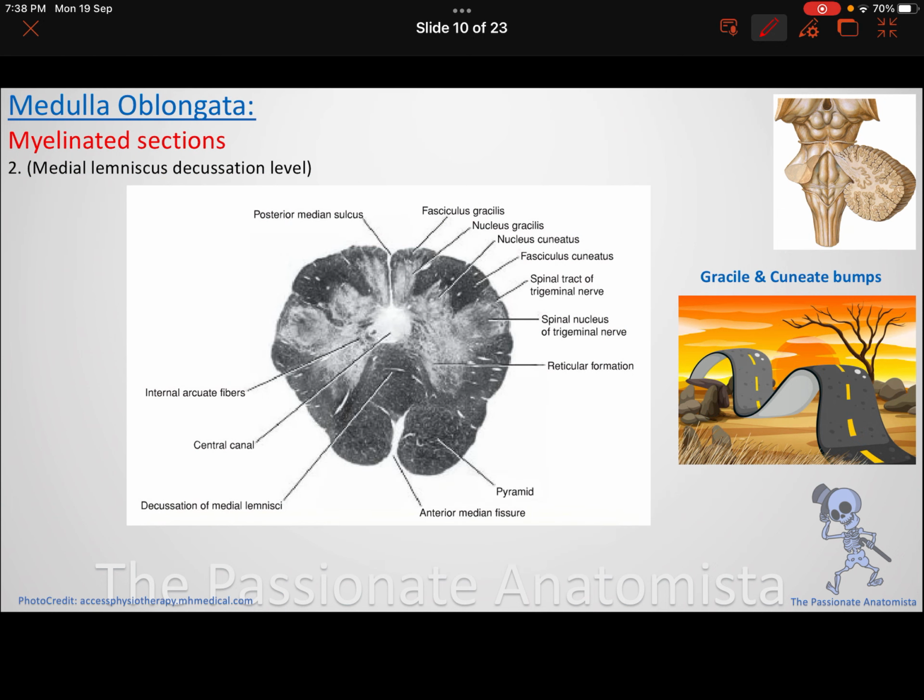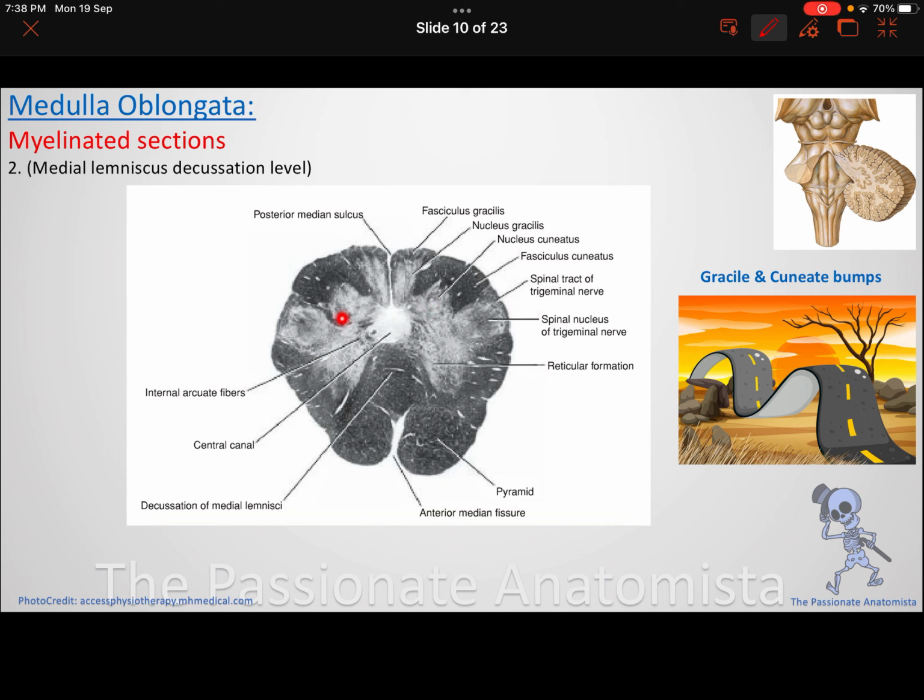If you look at the black and white picture, you can see that here it doesn't look like a bird. I cannot see a bird with its nose here. I can see bumps and I can see complete pyramids here. So here I still have the spinal nuclei of the trigeminal outside, and I can see very prominently the nuclei of gracile and cuneate.